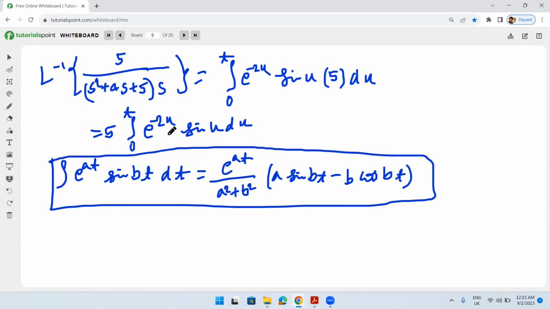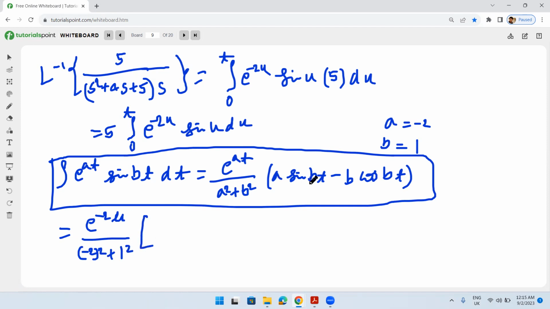Using this formula, here e power at, what is a value? Minus 2. B, what is b? Nothing but 1. Substitute those things. E power at, what is a? Minus 2, t to u. Here in this case u. By a square plus b square, that is minus 2 square plus 1 square.